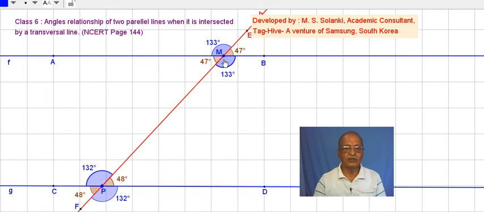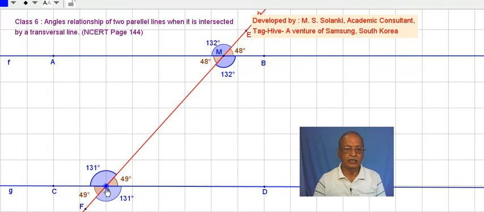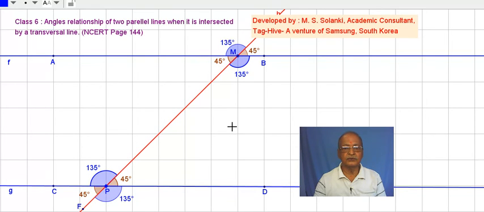Again, now I am bringing the next position. Now you see, in this case also all the four angles are equal.